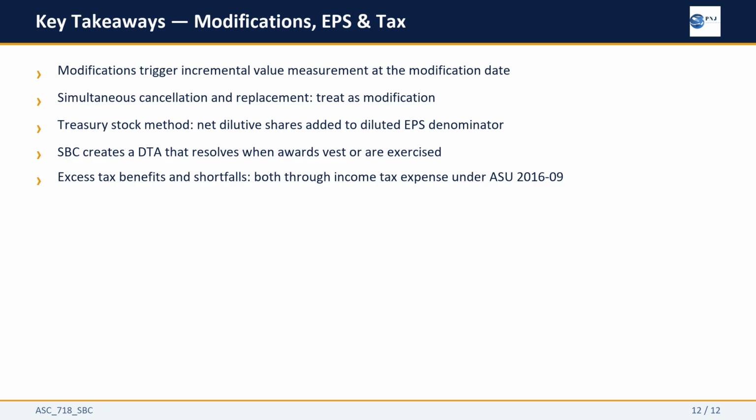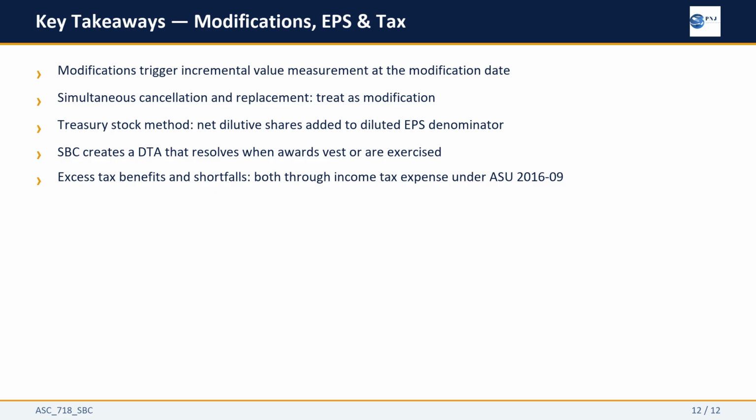Cancellation alone triggers immediate recognition of unrecognized expense. Diluted EPS requires the treasury stock method for in-the-money options, with the net dilutive share count added to the denominator. Tax accounting creates a deferred tax asset over the vesting period that resolves when awards vest, with excess benefits and shortfalls flowing through income tax expense under ASU 2016-09.